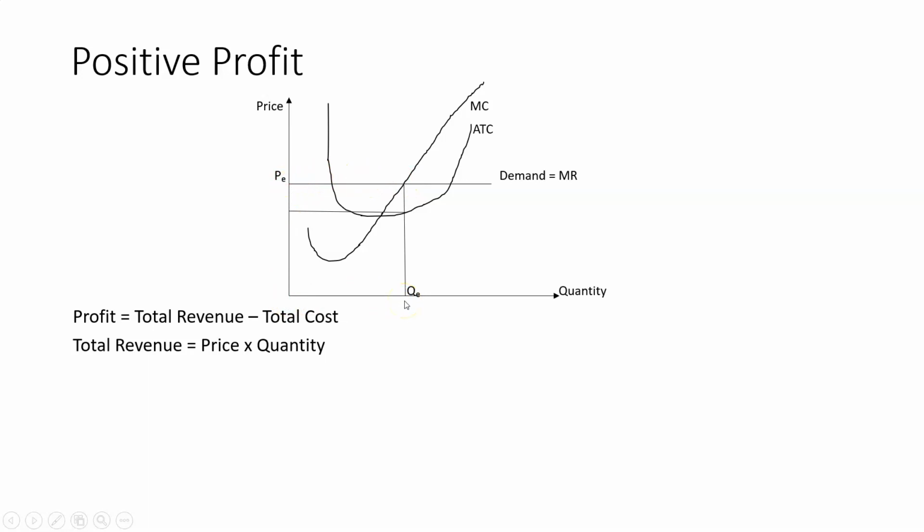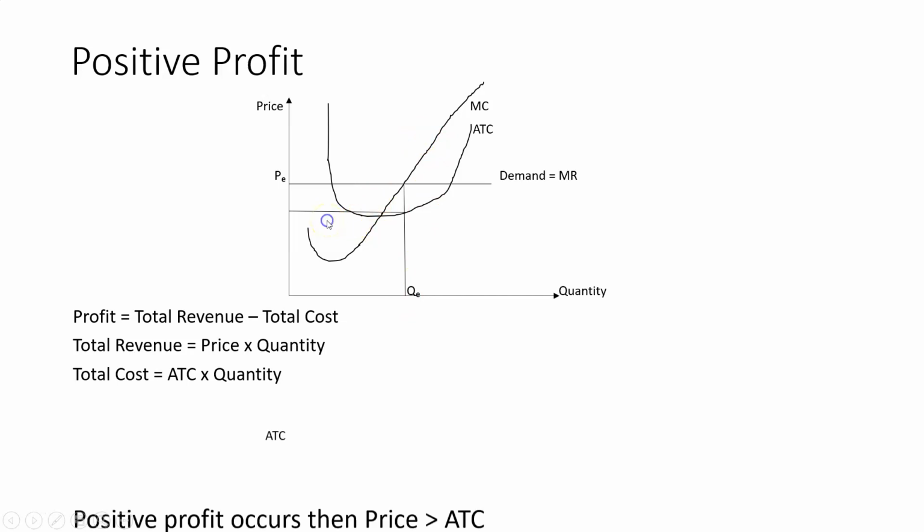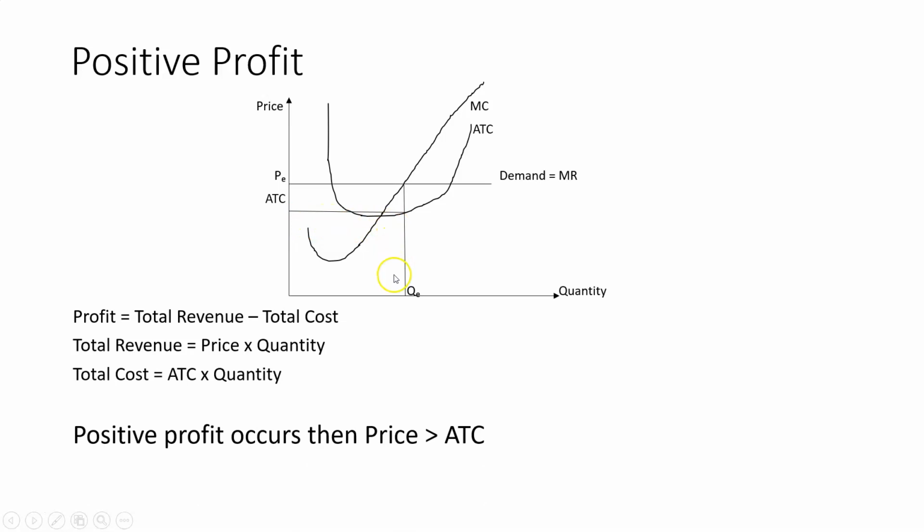Now, if we had some way of representing total cost, well, we do. You can see here that I've added in the average total cost curve. We know that total cost is average total cost times quantity, right? So the rectangle down here represents the total cost.